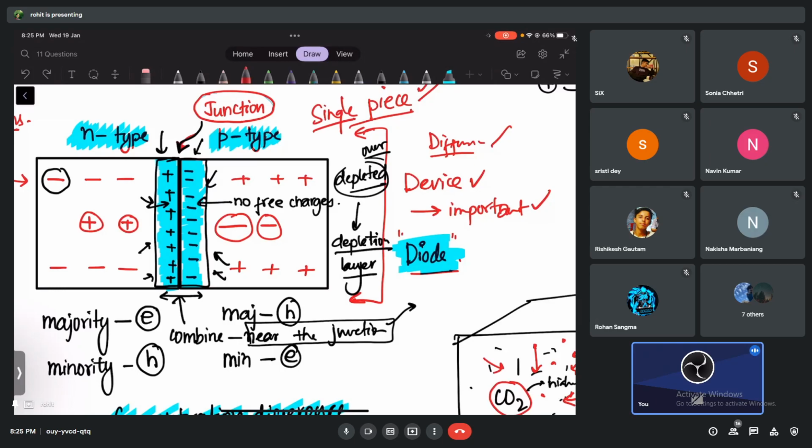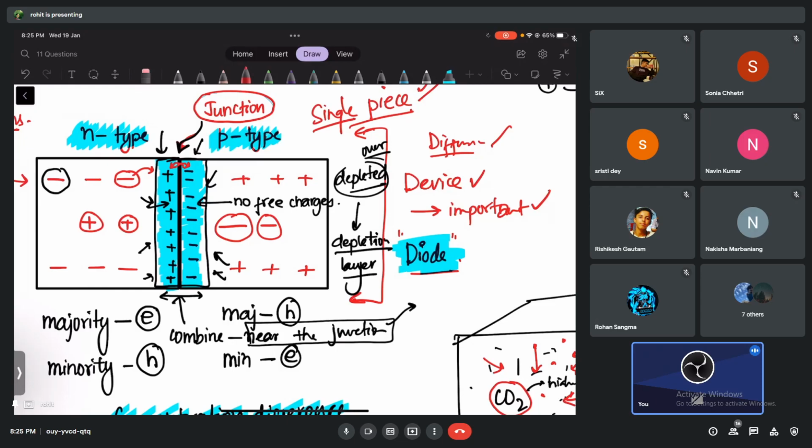But electrons will tend to stay in the p side near the junction, and the holes will try to stay near the n side. Why does it happen? Because this electron will try to pull the hole. That's why the hole will be towards the n side. It will not leave, it will stay there, but it will be crossing the junction.